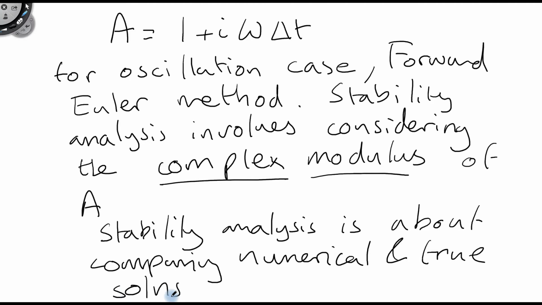In the case of exponential decay, if the true solution fell off and the numerical solution fell off, even if it didn't follow exactly, we'd still say it's stable. With the oscillation case, we have to think a little bit differently.